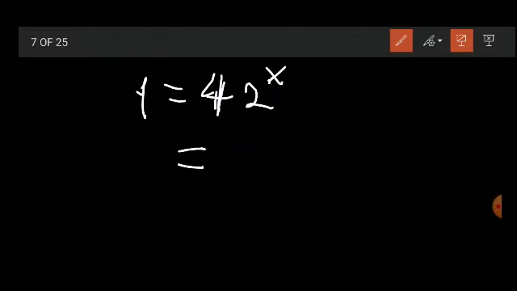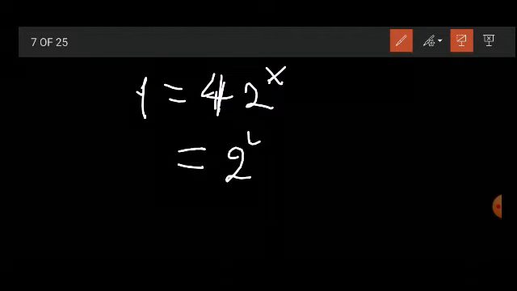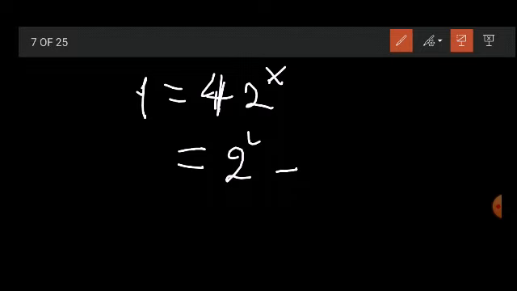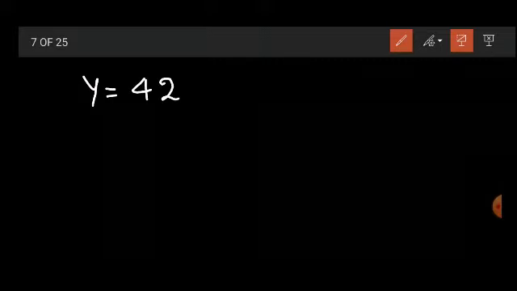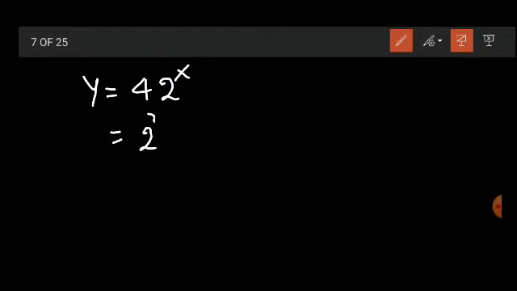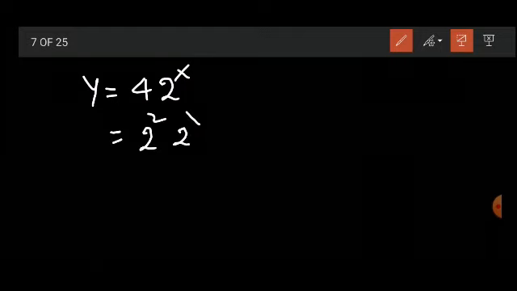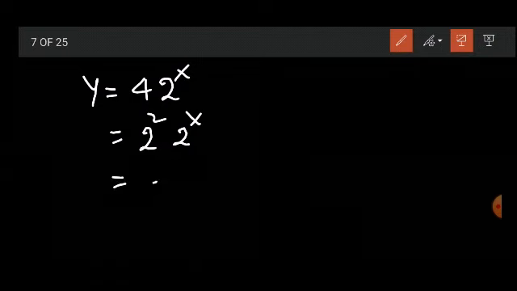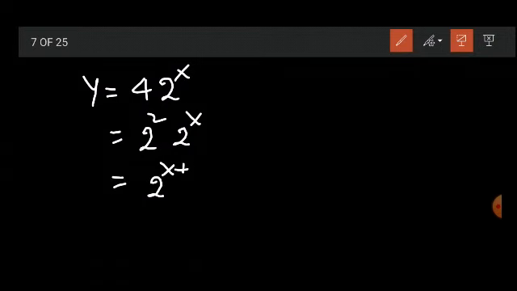For 4 you can say 2 to the power 2. Let me write down once more: y equal to 4 into 2 to the power x. For 4 we can write 2 to the power 2, and for 2 to the power x, that is 2 to the power x. This can be written as 2 to the power x plus 2, and this is y.